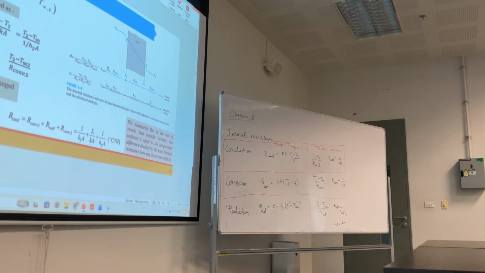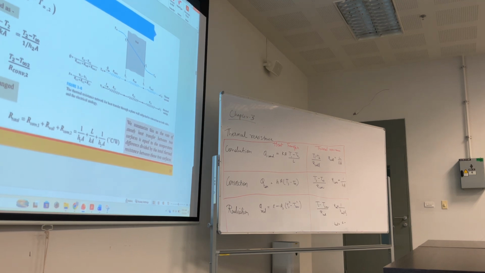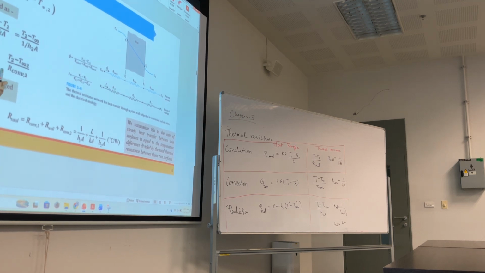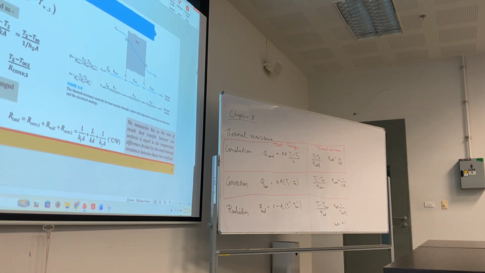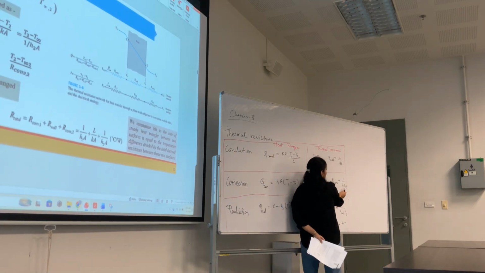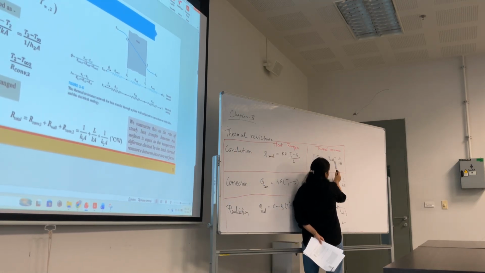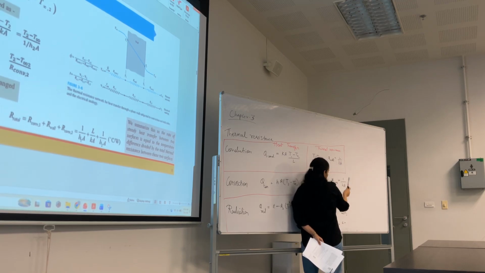R convection is 1 divided by hA. R wall is L divided by kA. R radiation is this.